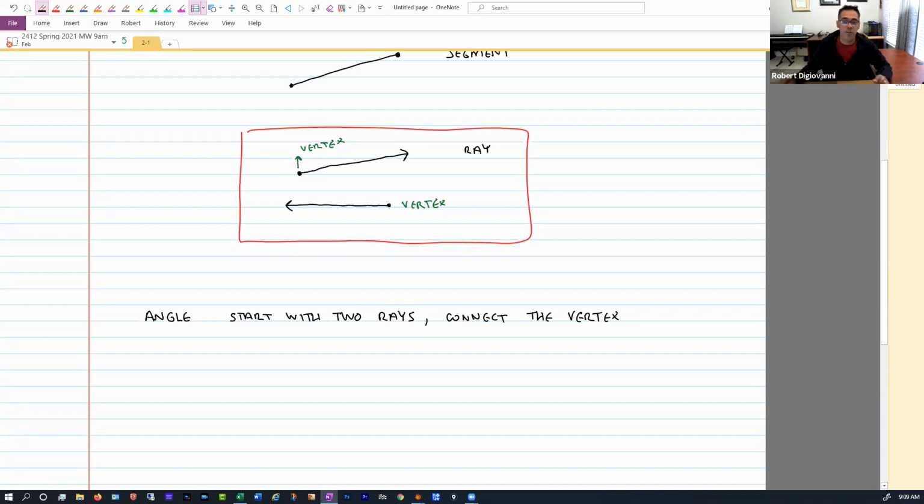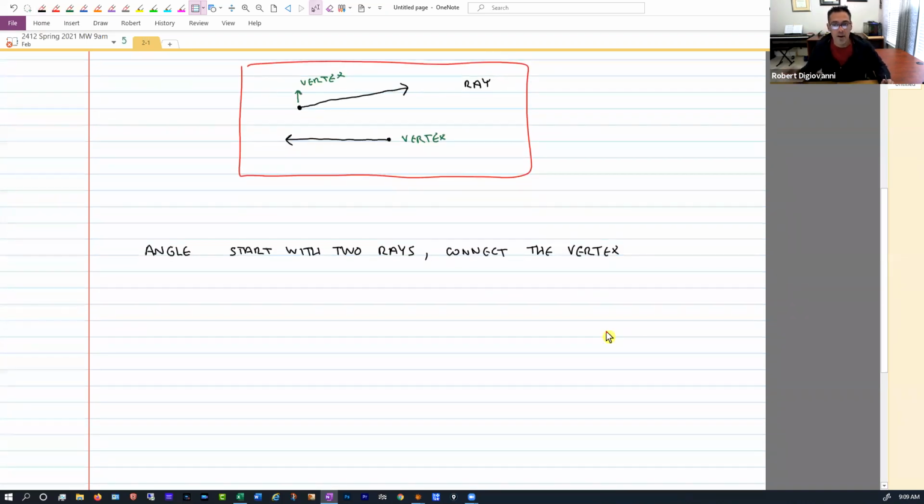You connect their two vertex points together. Anytime you take two rays and you connect the vertex together, you'll have, let's see, I'm going to do one ray that's in green. Then I'll do another ray here that's in purple. Anytime you take two rays and put them together like that, you create what's called an angle.